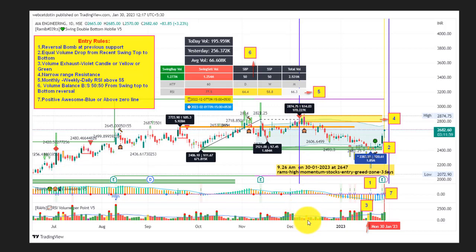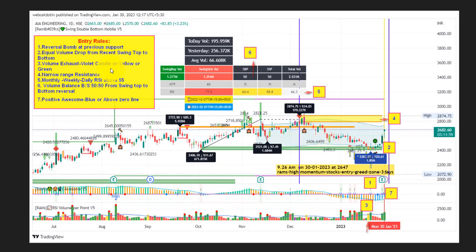Even this violet candle is followed by a yellow candle, that is nothing but price divergence. A lot of volume has been purchased as the price moved up here, but from there onwards the price has fallen. So here we strictly follow the price action and we must stick to our stop loss rules.